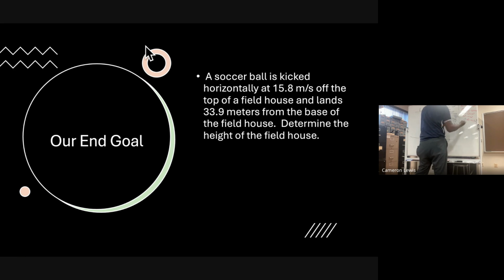So now I should get, what is 2.1 squared? 4.41. Then multiply that by 4.9 and you get what? 21.609 meters.